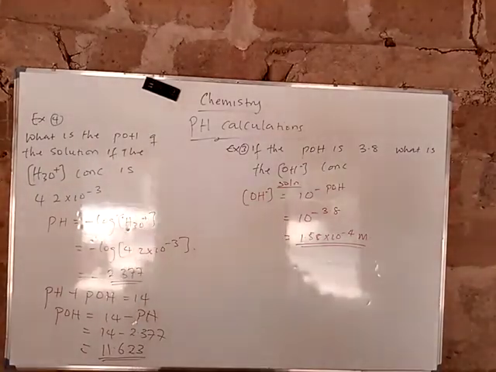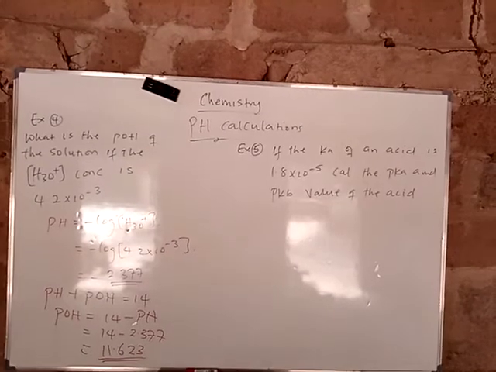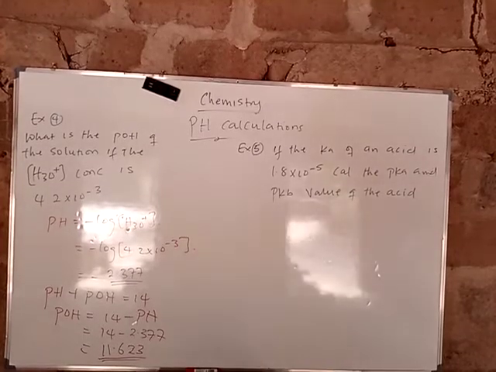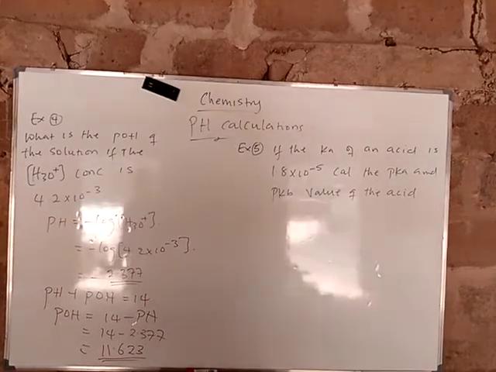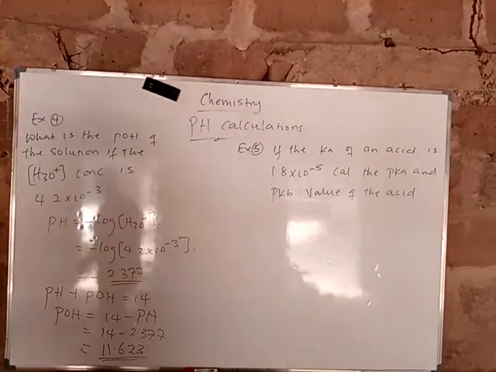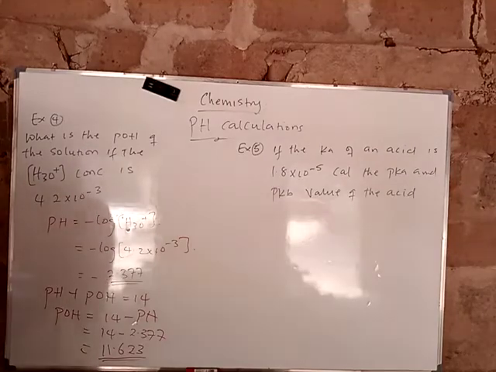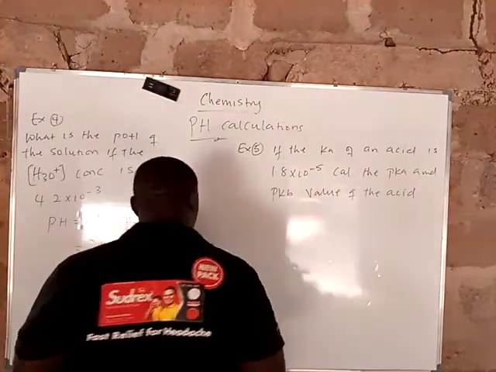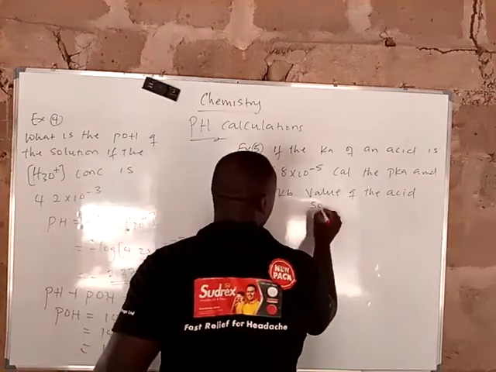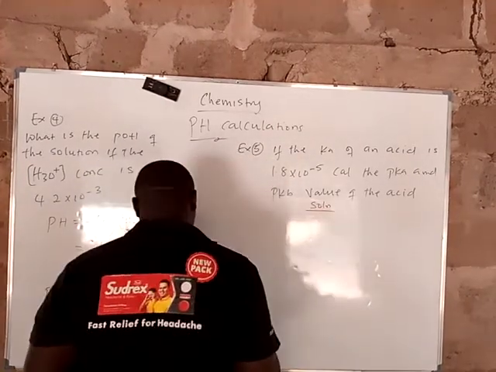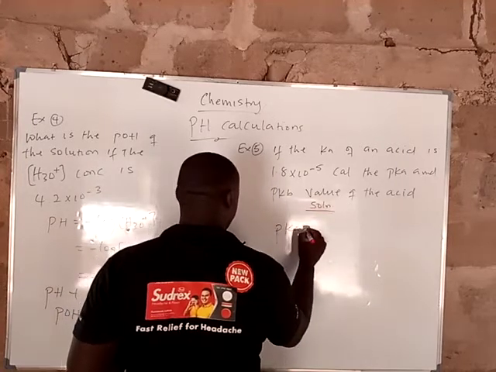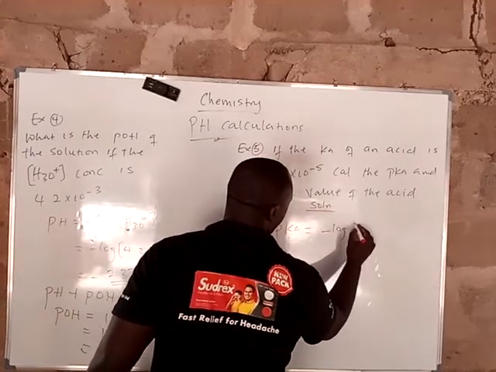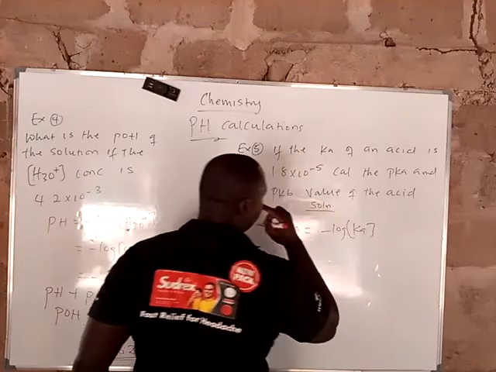Now, I'm going to drop another example. Pause the video and solve it yourself. Example number 5. If the Ka of an acid is 1.8 times 10 to the power minus 5, calculate the pKa and the pKb value of the acid. Remember, we already released the formula in part 1 of the video: pKa is equal to minus log of Ka.